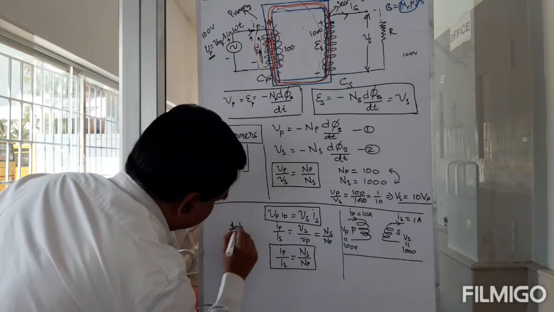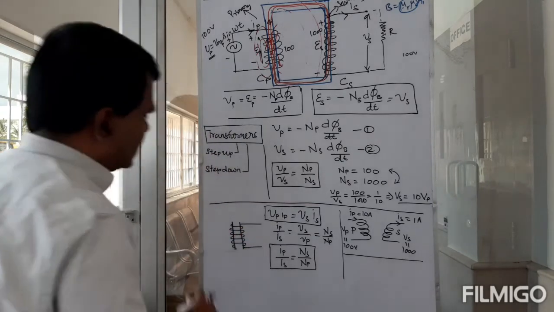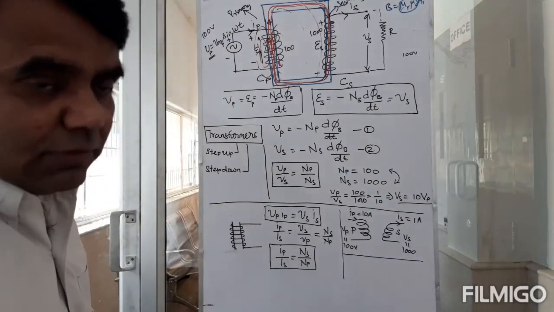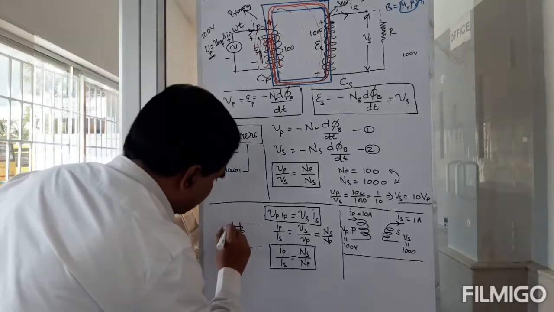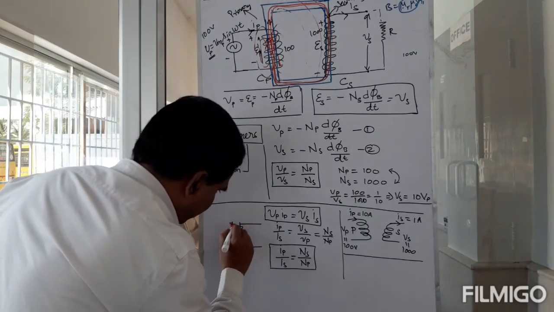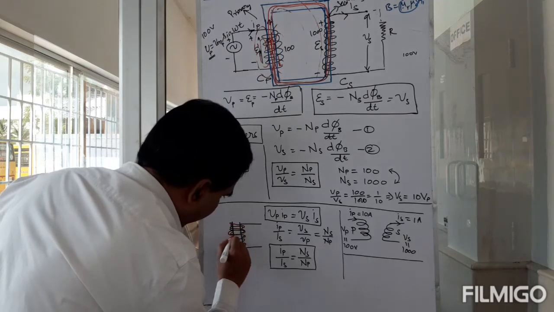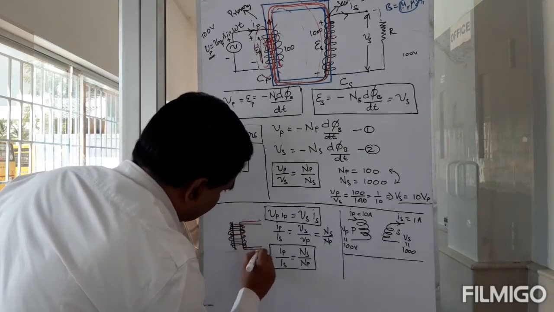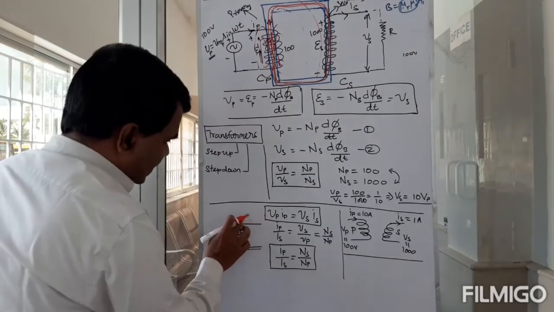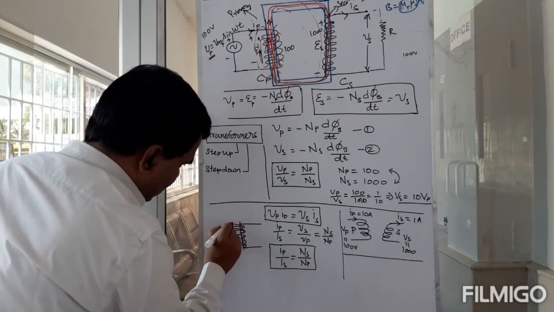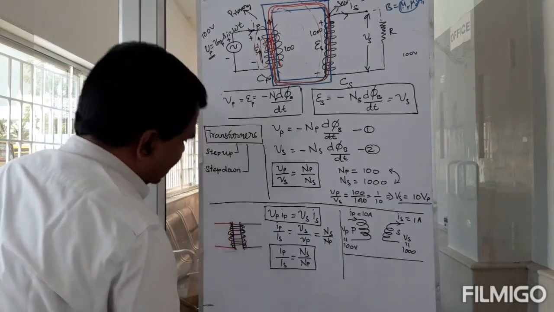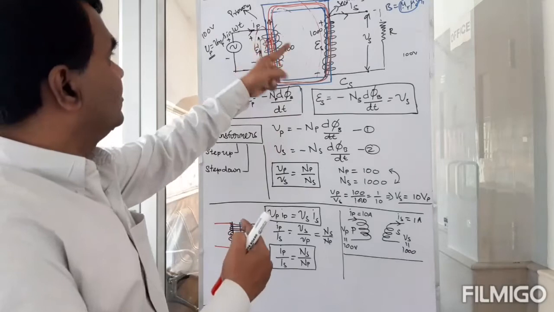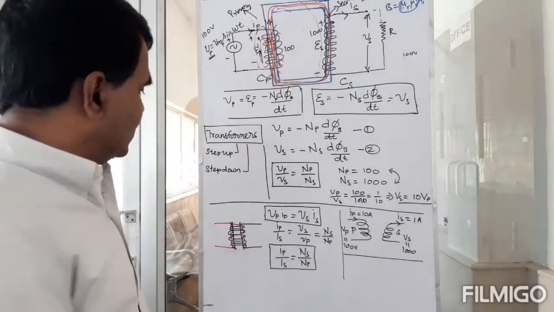Okay, this is the primary, you wound the primary around it, so it's going to produce a flux. Then you're also going to wind the secondary around it. Okay, so you'll probably get this and this, or if you want, you can take it out the other side to be more clear. So the primary and secondary are wound on the same leg. Okay, so this becomes your core.